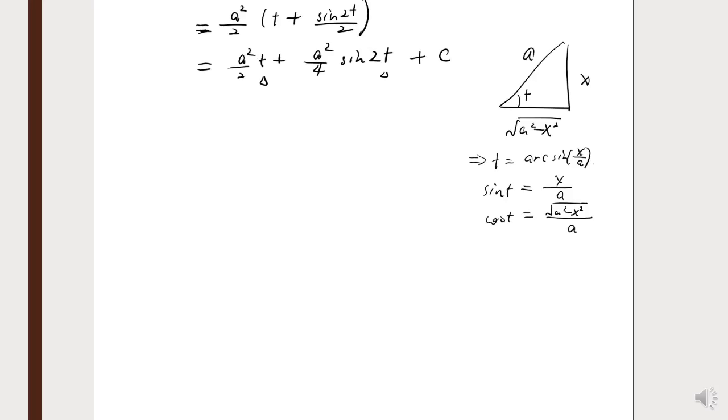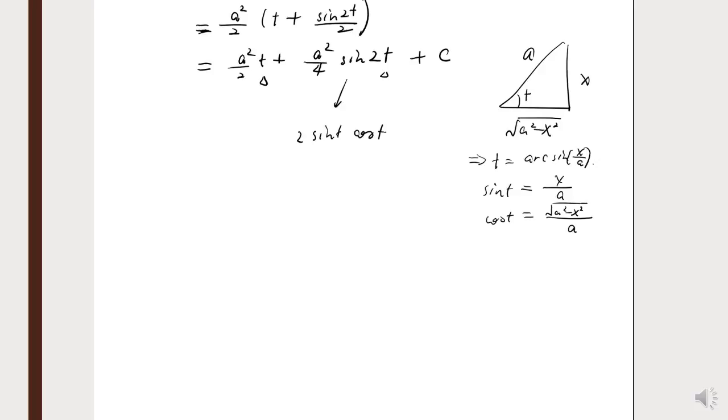How can we take advantage of sine t and cosine t, since we only have sine 2t here? Don't worry, we just have to change this to 2 times sine t cosine t. That's one of the trigonometry formulas.